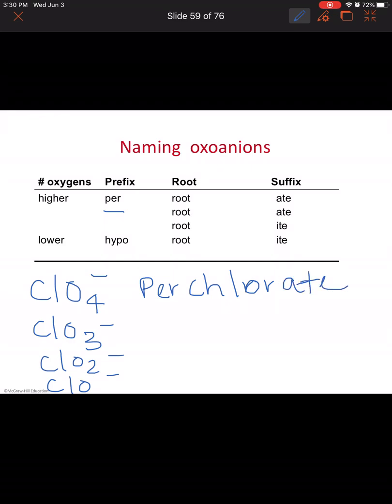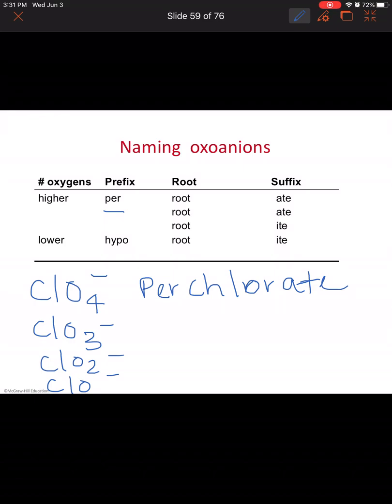So the name is perchlorate. If instead of chlorine we have iodine, we would say periodate. If you have bromine, we would say perbromate. That is the highest amount.